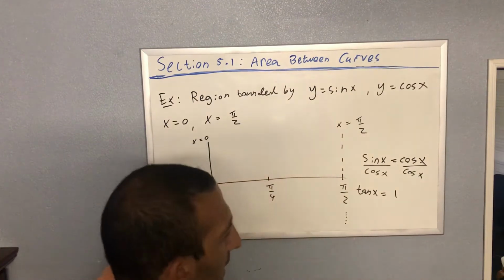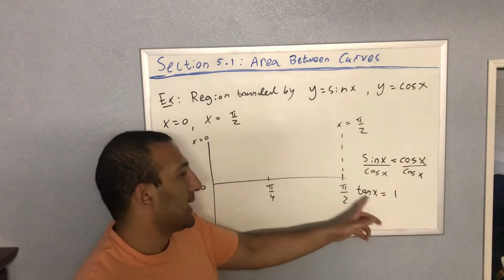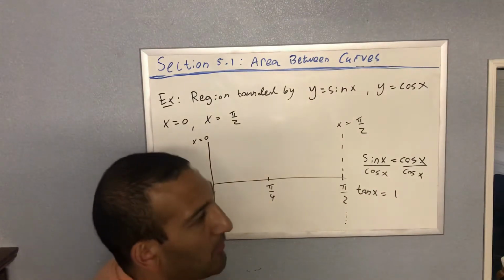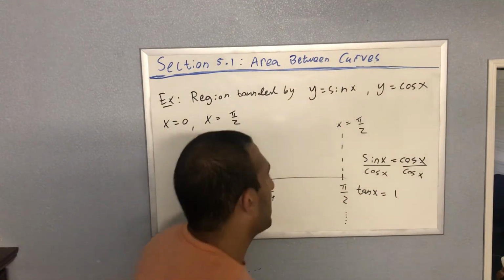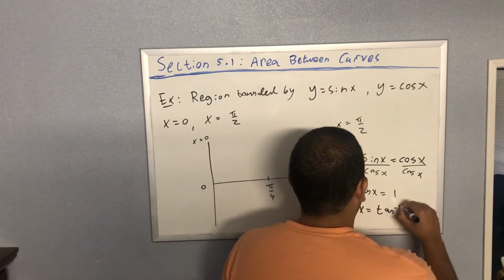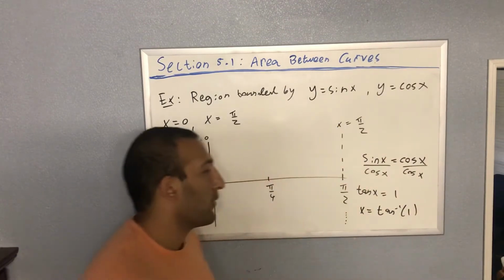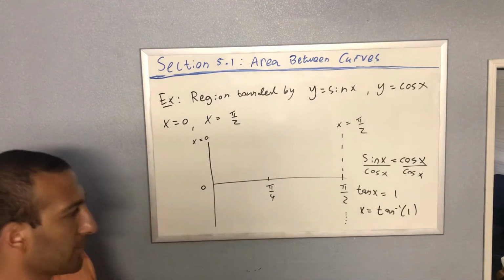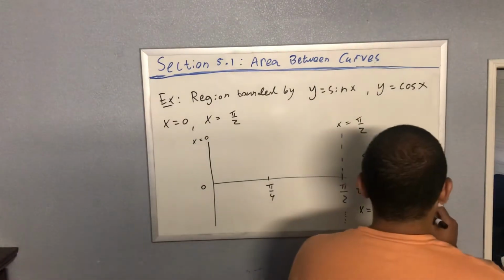So this is the angle x at which the tangent of that angle is 1, which you might remember from trig is pi over 4. Or if you don't, x would be the tangent inverse of 1, which is 45 degrees or pi over 4. So this is pi over 4.